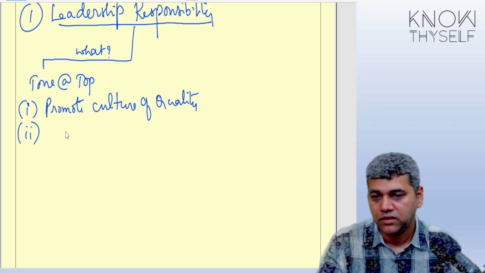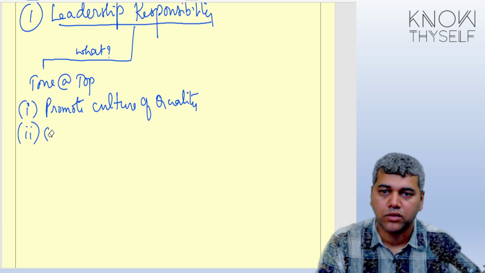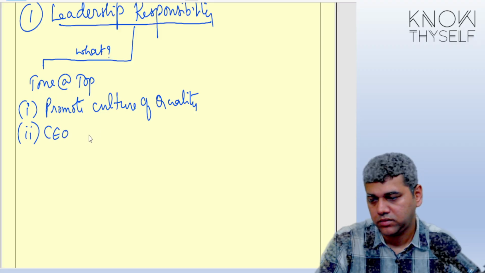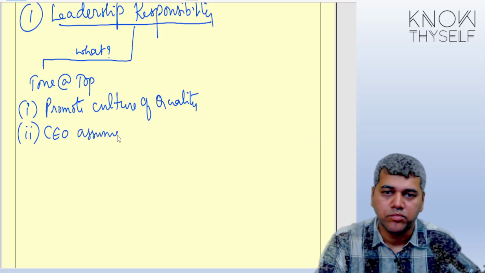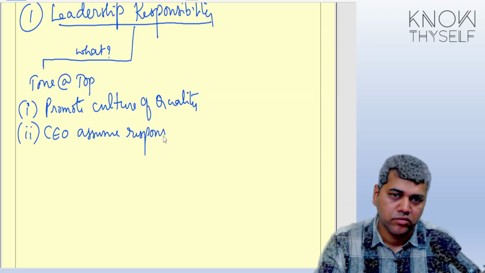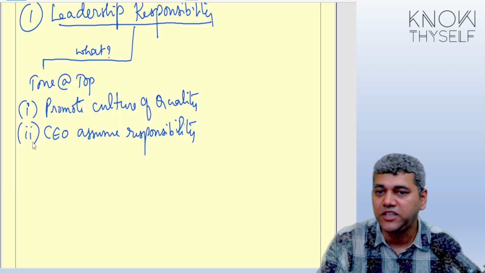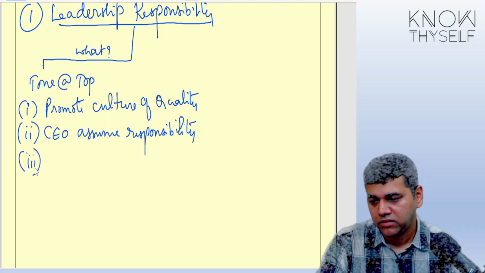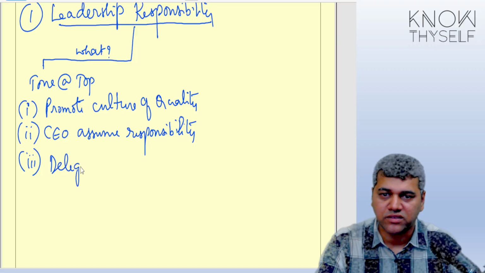Second, CEO assume responsibility. That means ultimate responsibility should be owned by the CEO or the managing partner. Third, delegation.